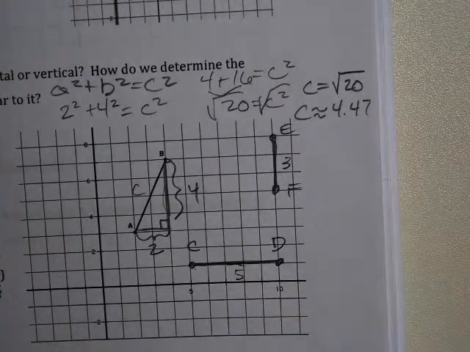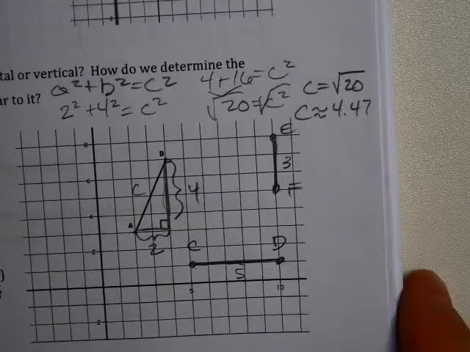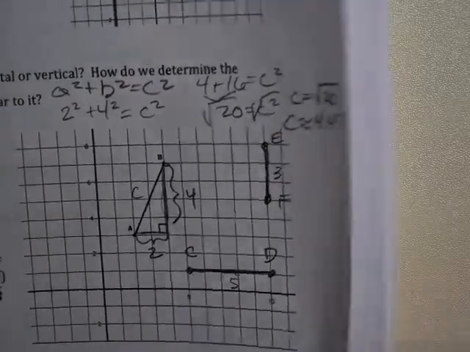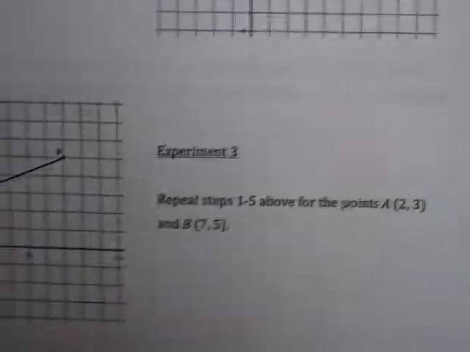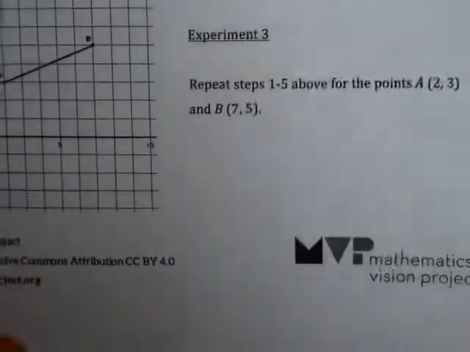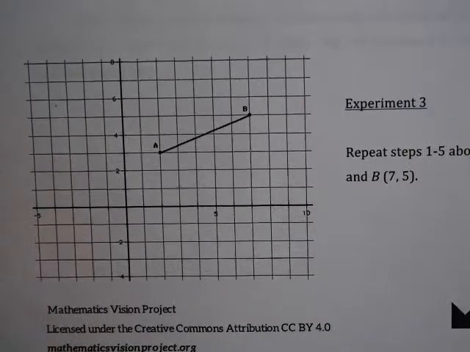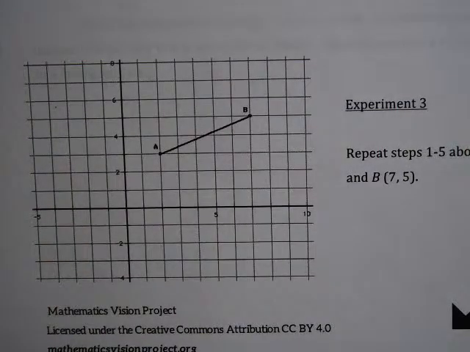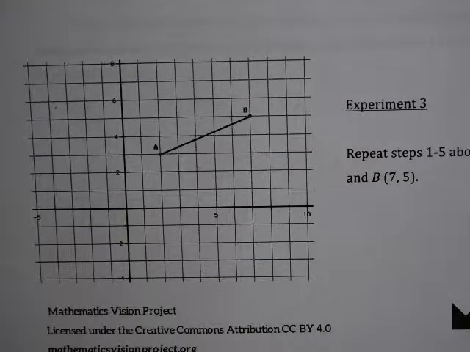All right, so let's look at another one. Let's look at experiment 3. It's on the next page. Same problem. Anytime there's a line that's diagonal, if it's horizontal or vertical, we're in good shape.